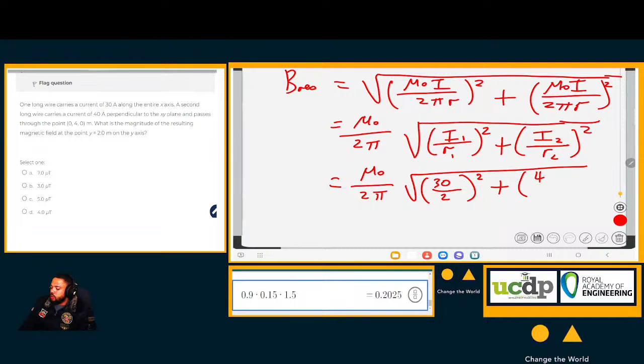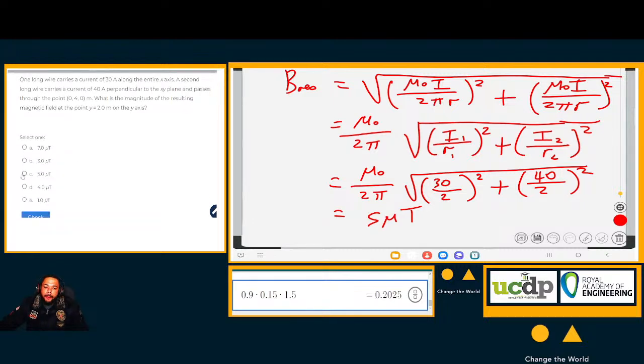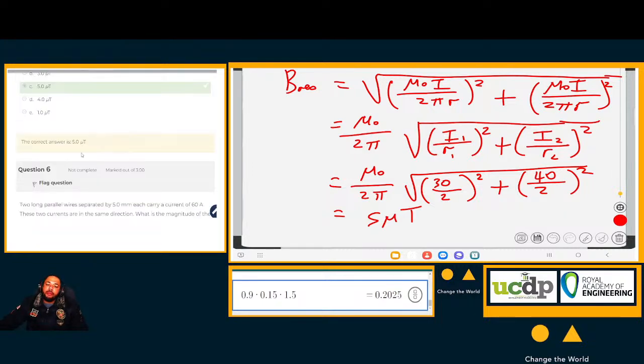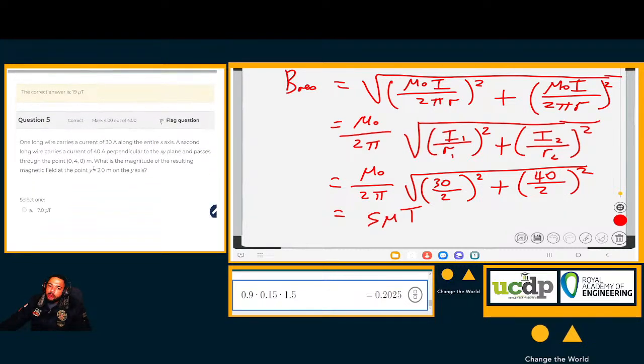The next one has a current of 40 amperes, and it's a distance of 2 away as well, as we've established before. We do this whole calculation, and we find that the answer is 5 microtesla. Let's go see if there's an option for 5 microtesla. Check. Indeed, the answer is 5 microtesla.